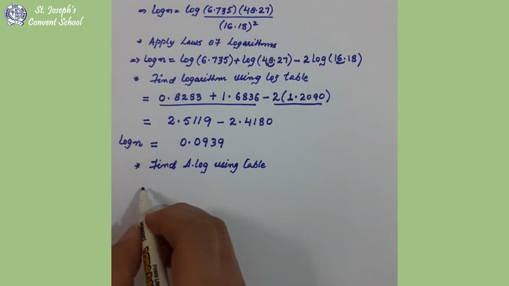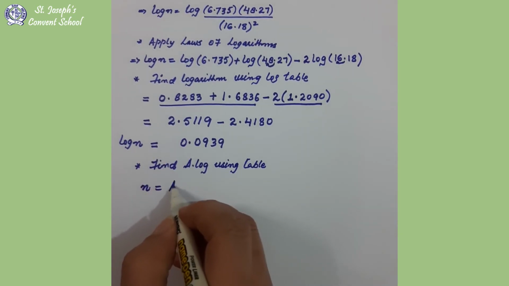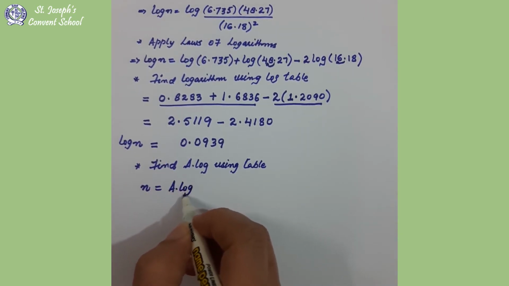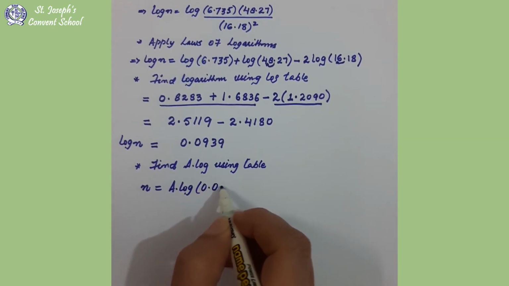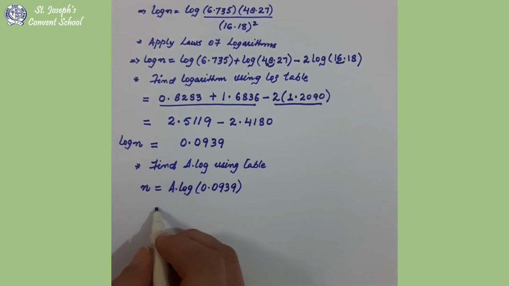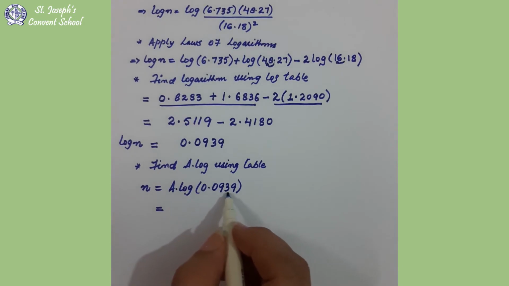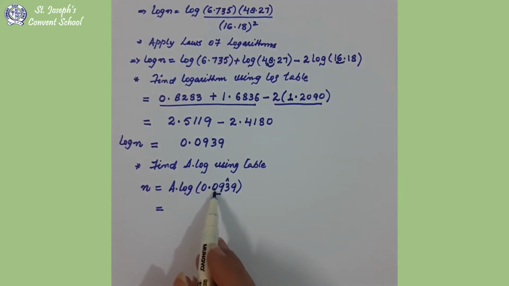So n will remain here, equals, log will go that side, it will change into anti-log of 0.0939. Now in this, 0 is the characteristic, so you will check this in the table, 0.09, in mean difference column 3. So 0.09 column 3 is 1239.